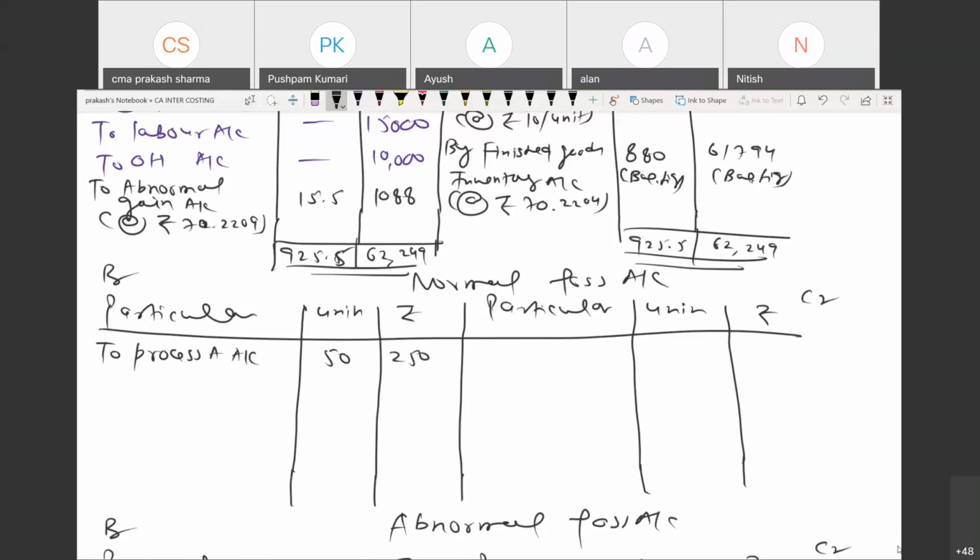Occurring abnormal loss implies that whatever we estimated has actually occurred, and some additional loss also occurred, which was classified as abnormal loss. Because this normal loss has actually occurred, the whole scrap value of this normal loss would be realized.